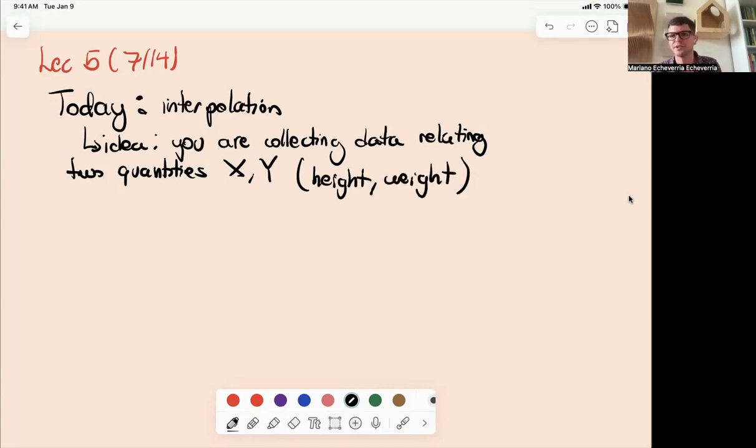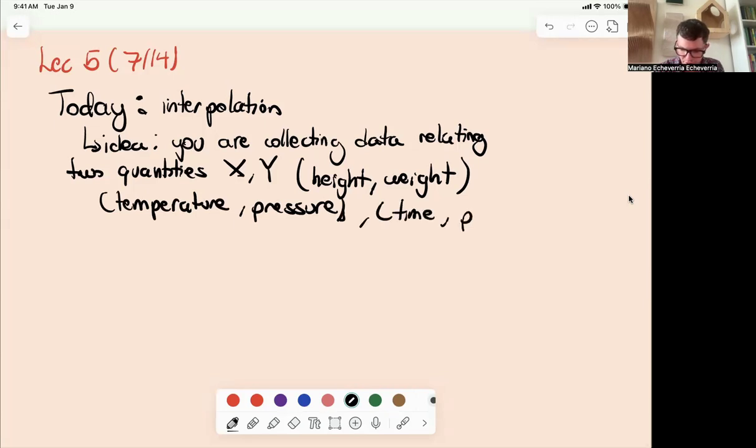That's reasonable to some extent. Or it could be temperature and pressure, or time and position. It can be whatever two quantities that you expect to have some sort of relation between them.